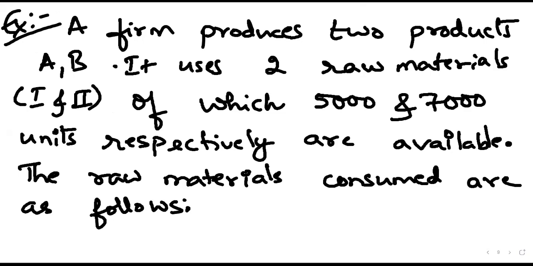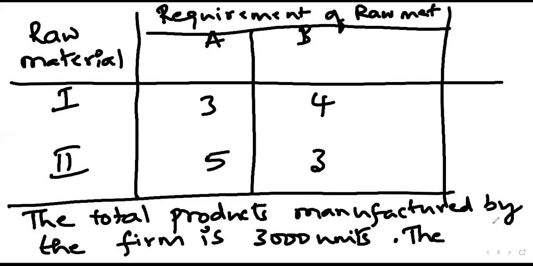Okay, so this firm is basically manufacturing two different products. These two products consume the same two raw materials, raw material 1 and raw material 2.